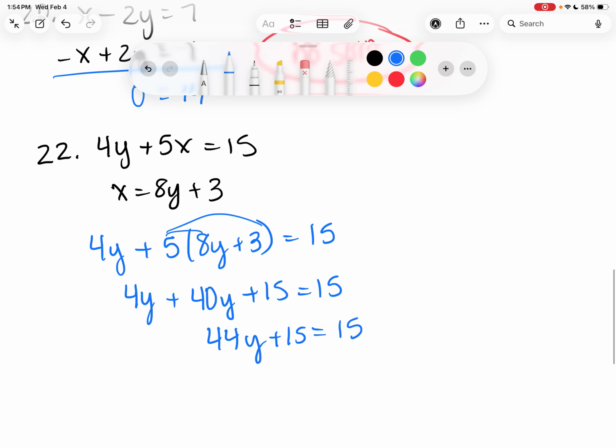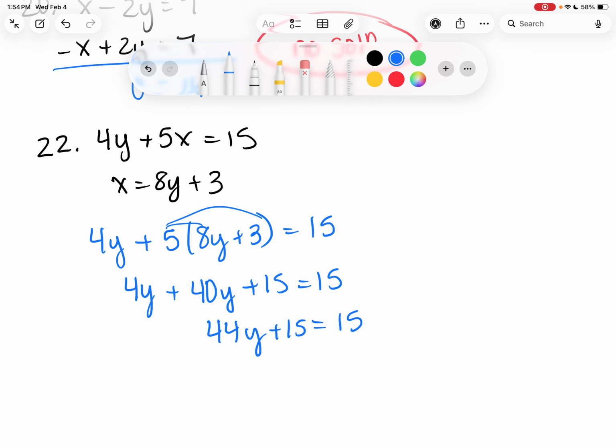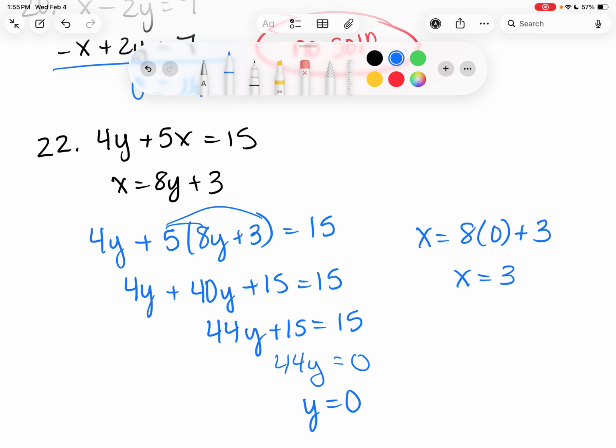Get y by itself. Subtract 15: 44y equals 0. Divide by 44, y equals 0. Now take this and plug it into this bottom equation here. Solve for x. So x is equal to 8 times 0 plus 3. So x equals 3. And this one does have a solution, (3, 0).